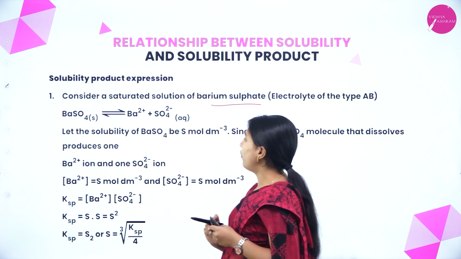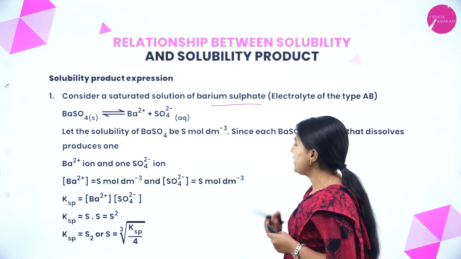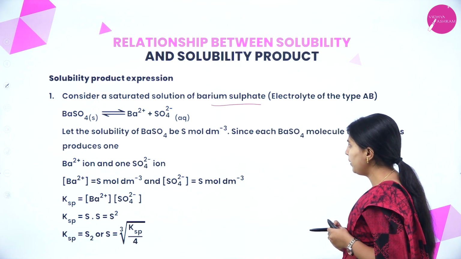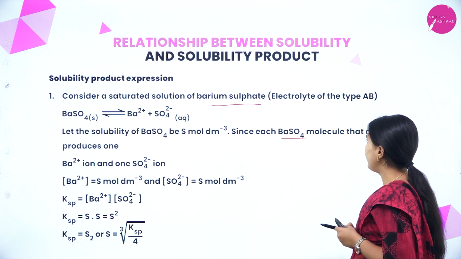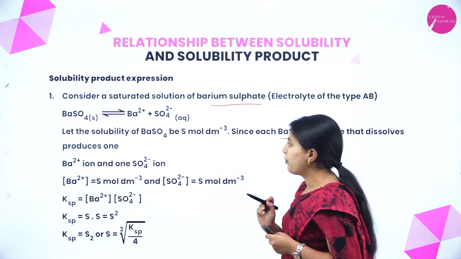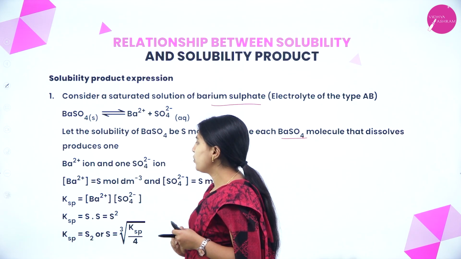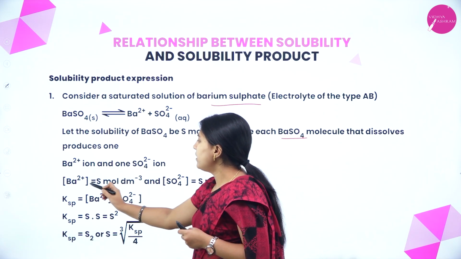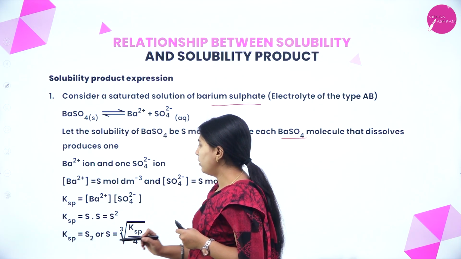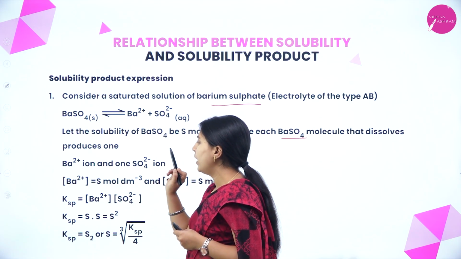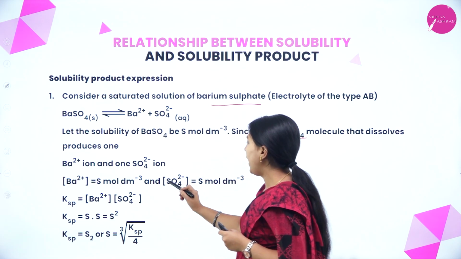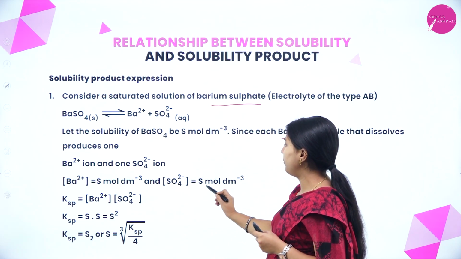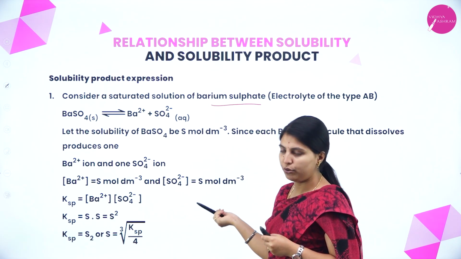Let the solubility of barium sulfate be S mol per dm cube, since each barium sulfate molecule that dissolves produces one barium 2+ ion and one sulfate ion. Here the concentration of barium 2+ ion will be S mol per dm cube and the concentration of sulfate ion will be S mol per dm cube.